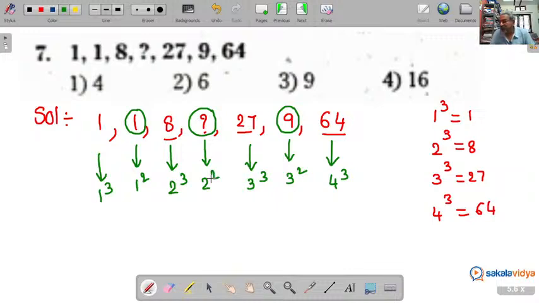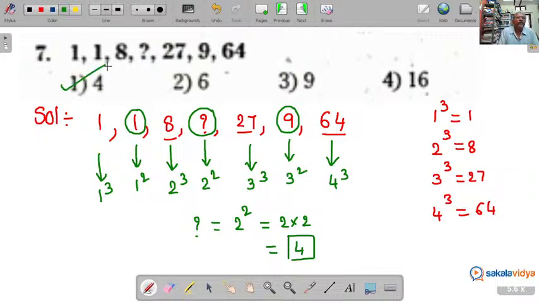So the value of the question mark equals 2 square, whose value is 2 times 2. So my dear students, you will get 4. So the answer is 4. Which is the right option? Just select it. So the first one is the right option, right? I hope you might have understood this one.